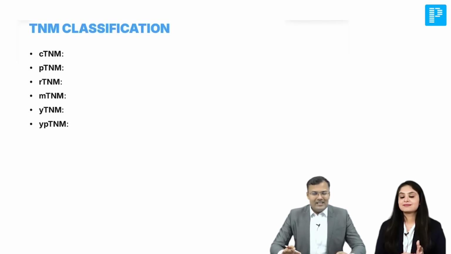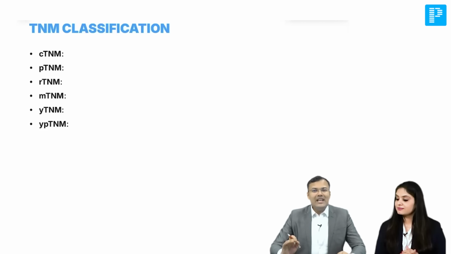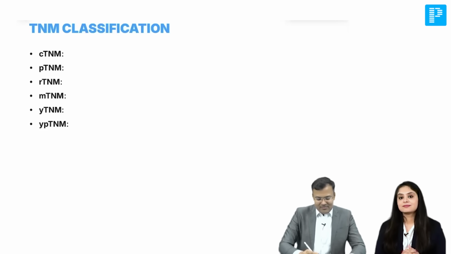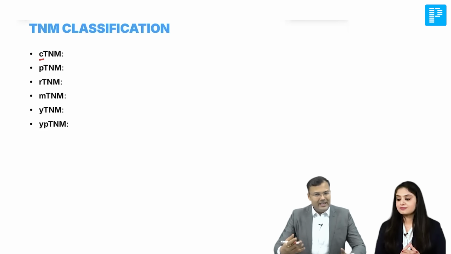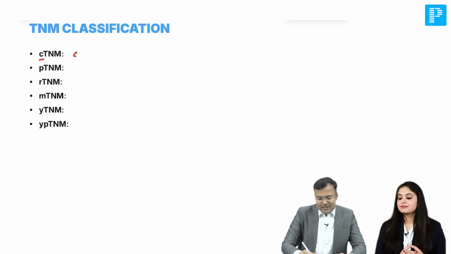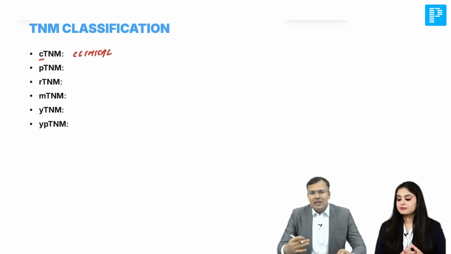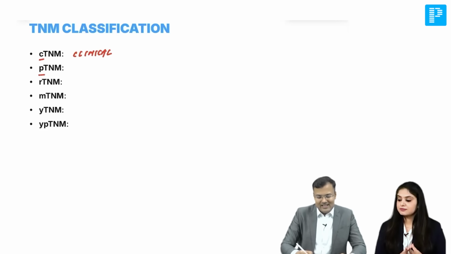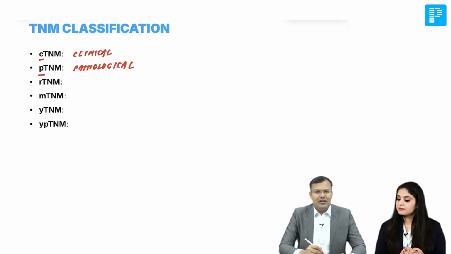Guys, nowadays lots of questions are asked in relation to TNM classification. So see the types of TNM classification. What is CTNM? The kind of staging we do in the wards, in the OPD. So it's clinical staging, so obviously the prefix is C. P: whenever we remove the specimen, we send it to pathology, and it is pathological staging. So it is PTNM, that is pathological staging.